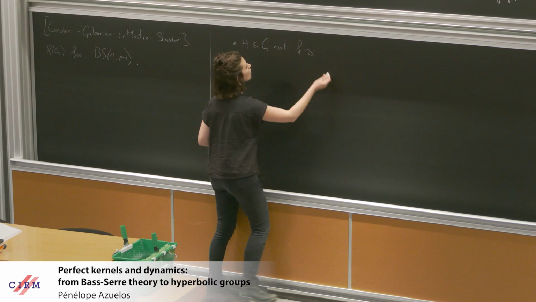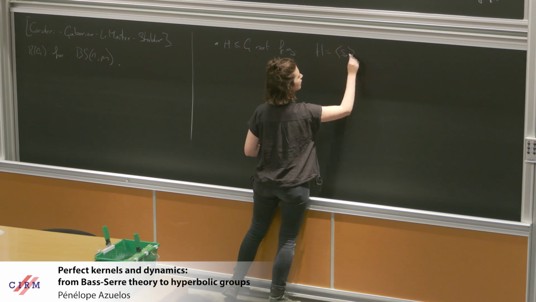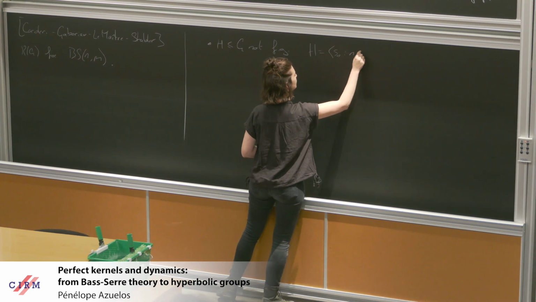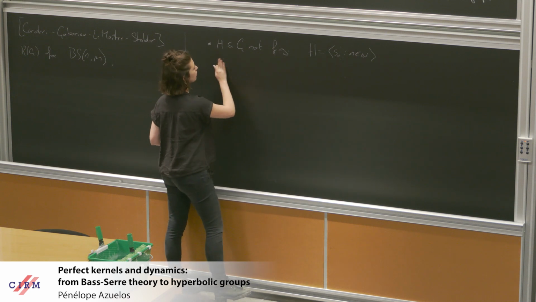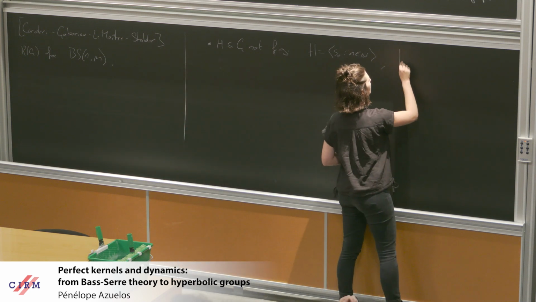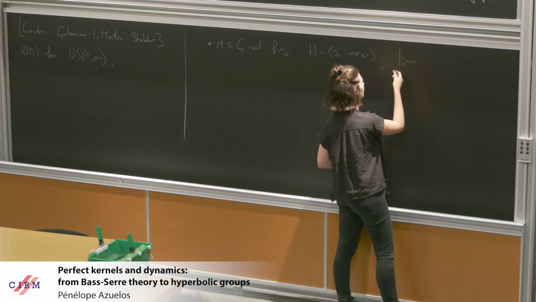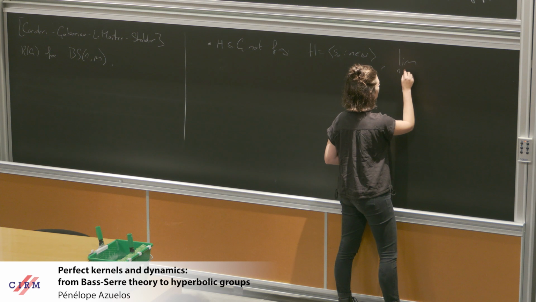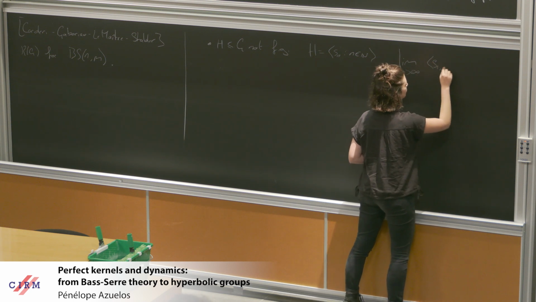If you just take a countable generating set for H, then the limit of the groups generated by larger and larger subsets of this generating set converges towards H.